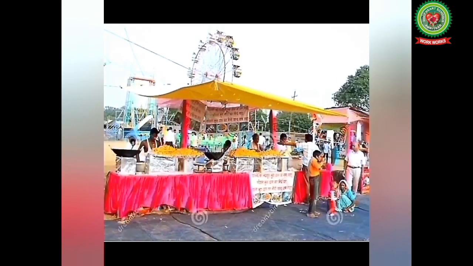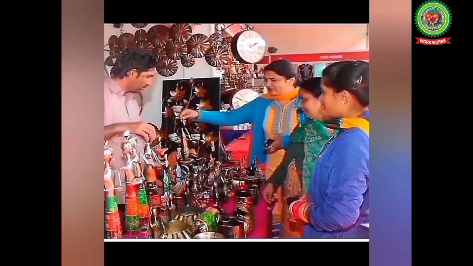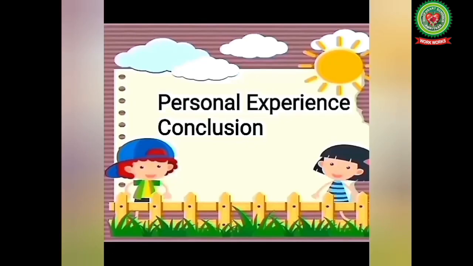What did you eat? What were the other people doing? Did you interact with anyone? What did you buy? Now, when you are done with your visit, what was your experience? What all did you learn from there?